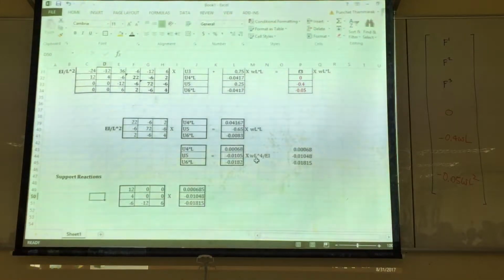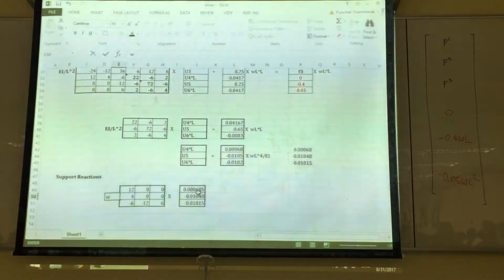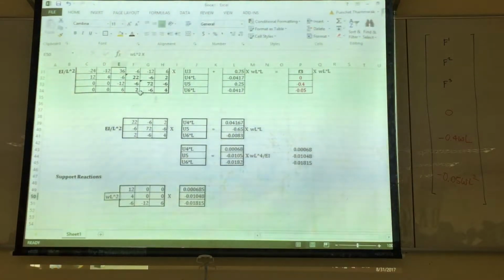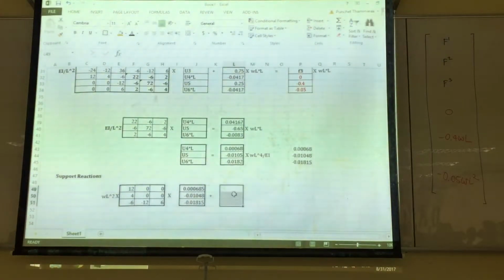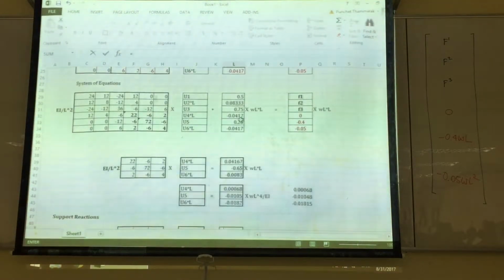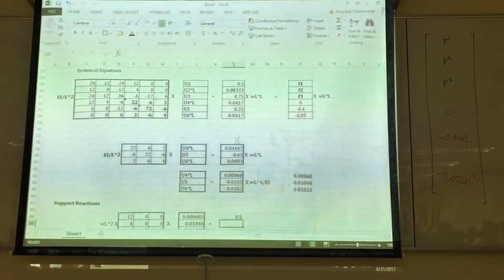In here you have WL squared over EI. So EI cancel out. Elsewhere you end up with WL squared. So WL squared, and then these two multiply, add up with what? This comes from this point, and then copy it down.